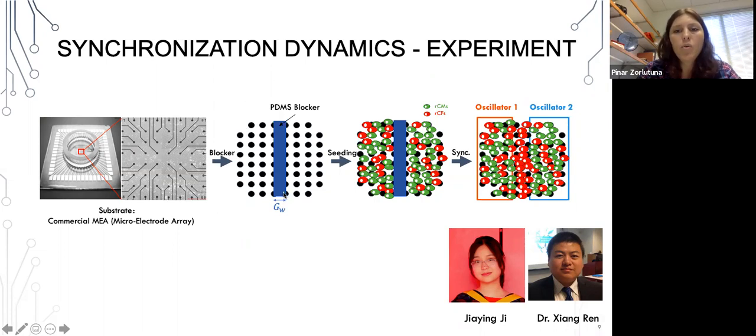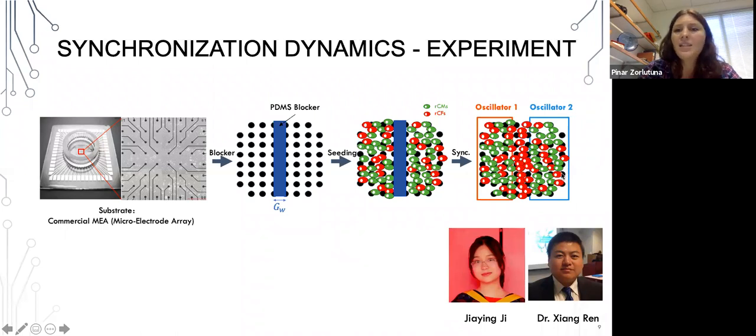We created these blockers with defined widths to separate two clusters of heart cells, and we treated them as oscillator 1 and oscillator 2. After oscillator 1 and oscillator 2 start beating, we remove the blocker and let the fibroblasts grow and fill in the gap and connect the two oscillators.